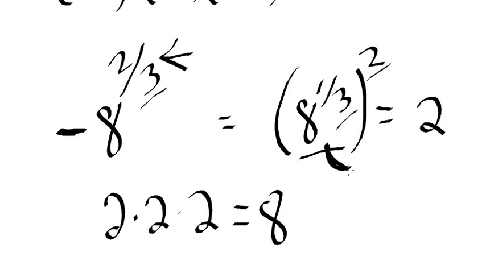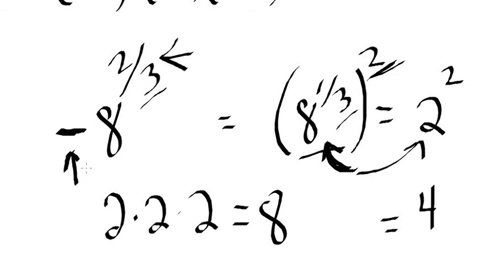So we're just replacing this in here with a 2, and the whole thing is squared. That's our 2 up here. And what does that give us? 4. But don't forget this negative out here. That gives us negative 4. Yeah.